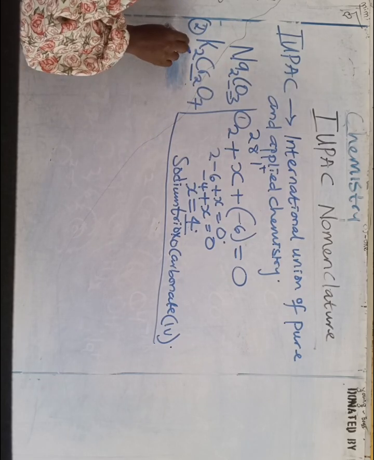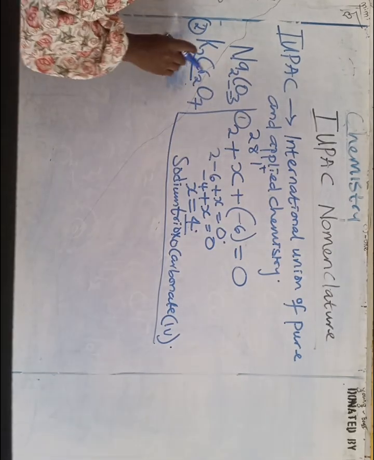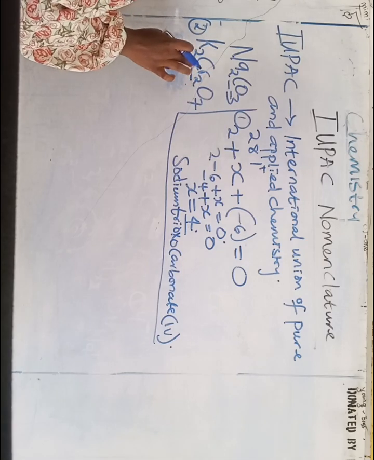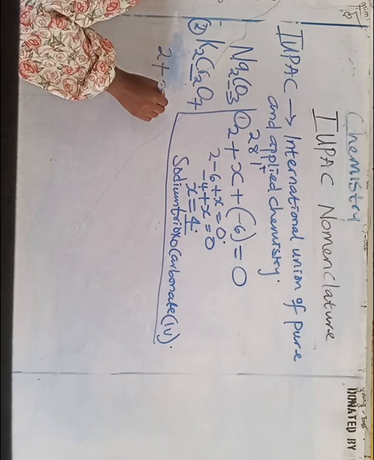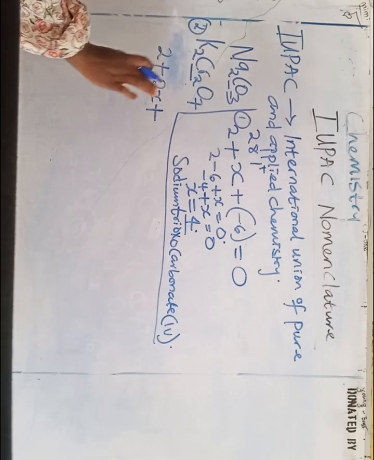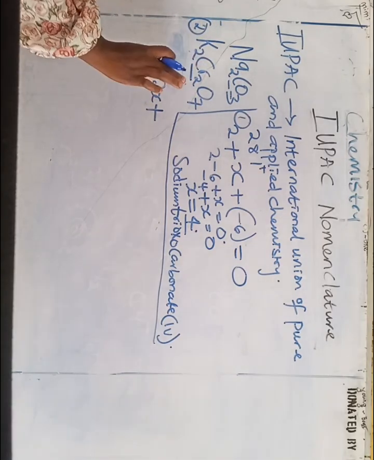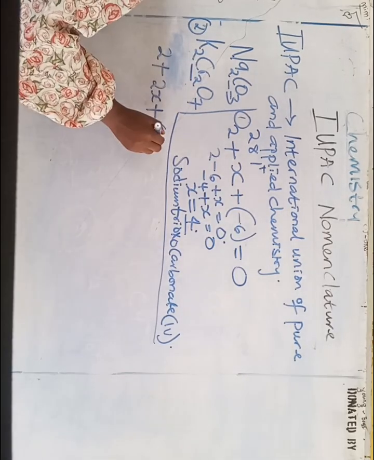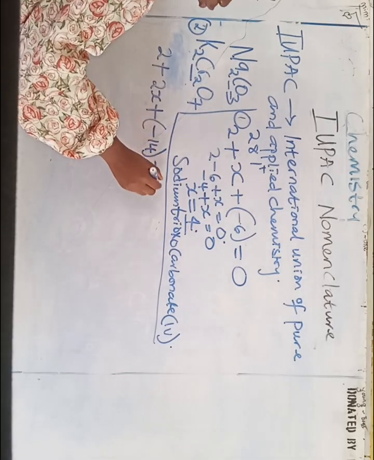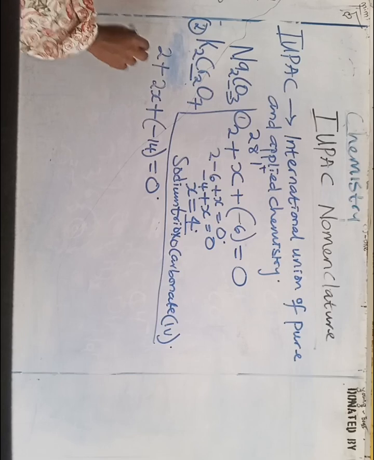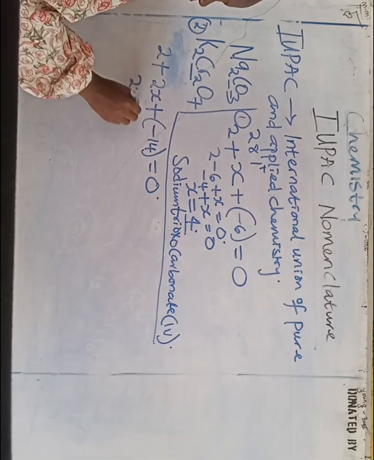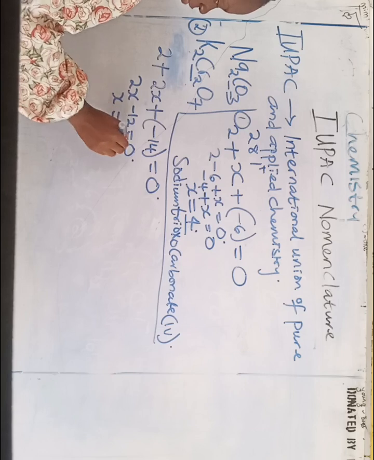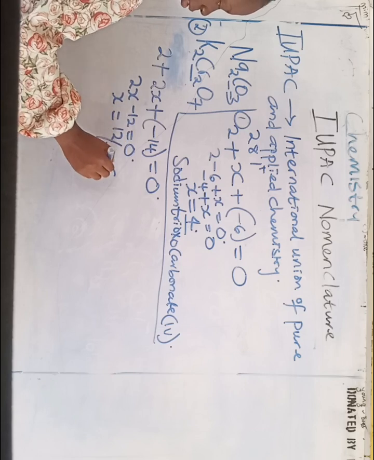So I will have 1 times 2, 2, plus X. But here I have 2 atoms of chromium, so I will have 2x, plus my oxygen, which is 7. Minus 2 times 7 will give me minus 14, equals 0. So I'm going to have 2x minus 12 equals 0. Then x will be 12 divided by 2, which gives me 6.